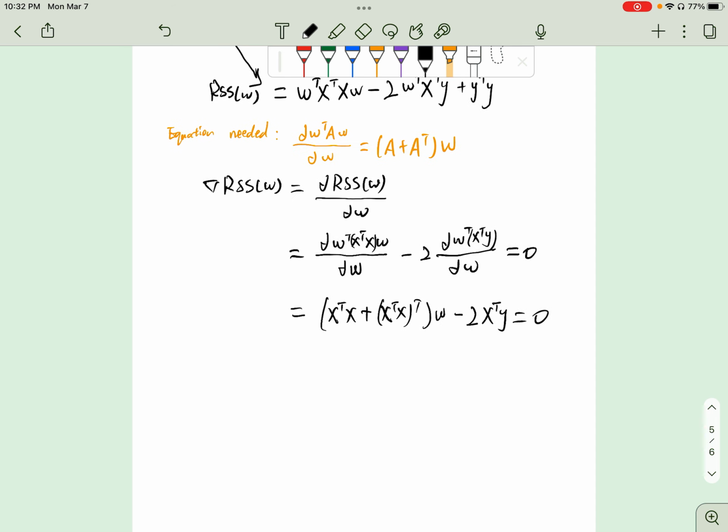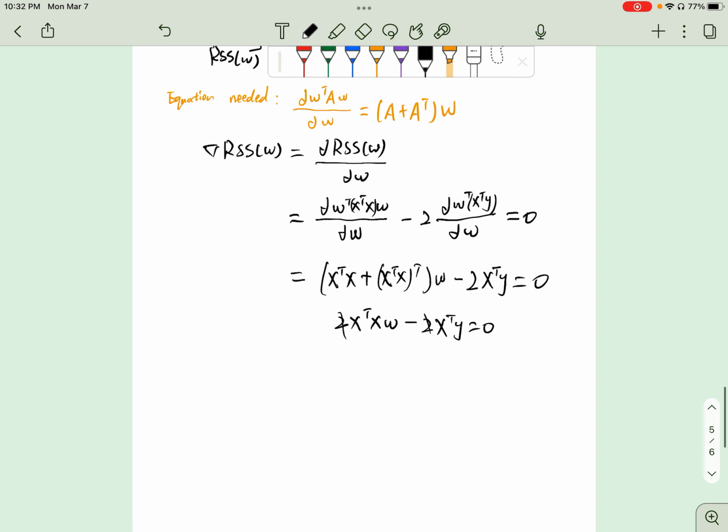And so we also find that when you expand this one, it will give us 2 x transpose x omega minus 2 x transpose y. So this 2 is cancelled out. So we have x transpose x omega minus x transpose y equals 0.